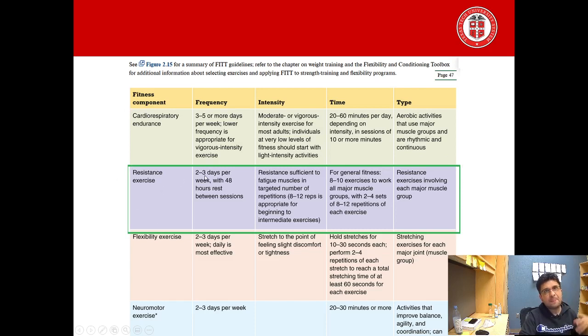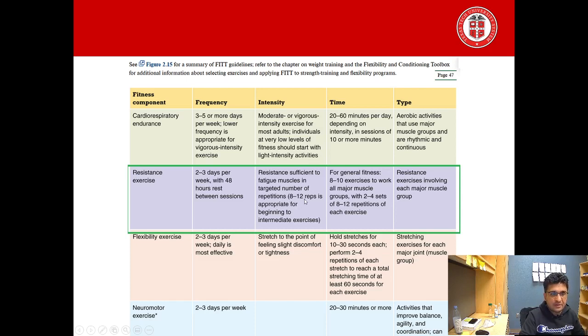Most of the recommendations, whether it's the ACSM or the HHS, which is the US government health guidelines, say the resistance training should be done 2 to 3 times a week with a 48 hours interval in between to allow the body to recover from the soreness and damage which is caused by the resistance training.